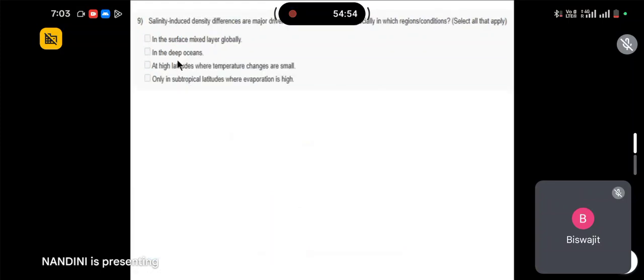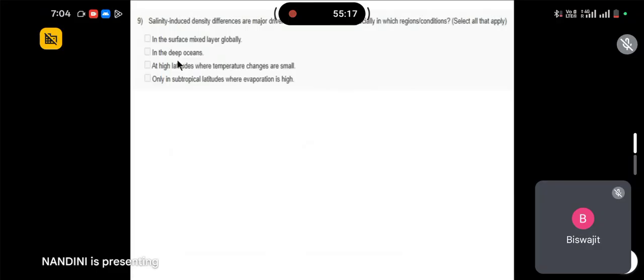Now, the next question is: salinity-induced density differences are major drivers of oceanic circulation, especially in which regions or conditions?